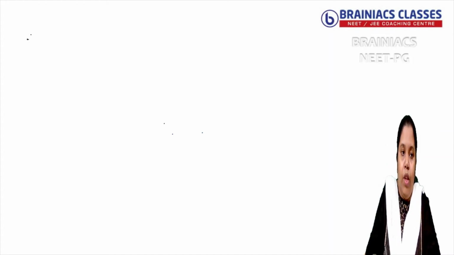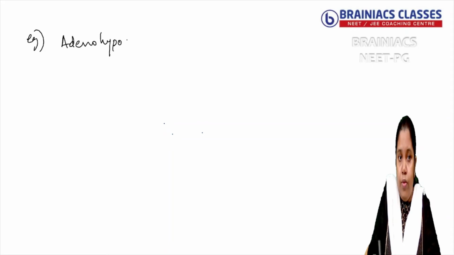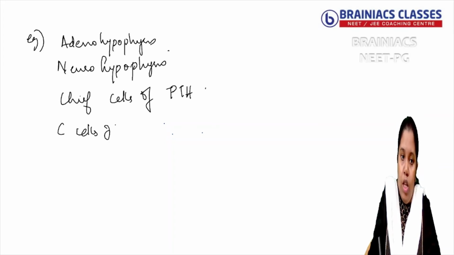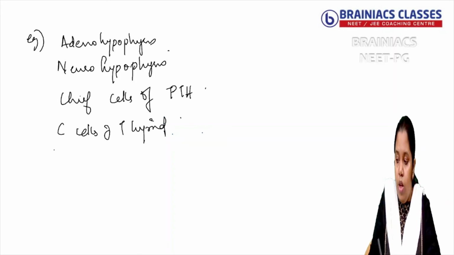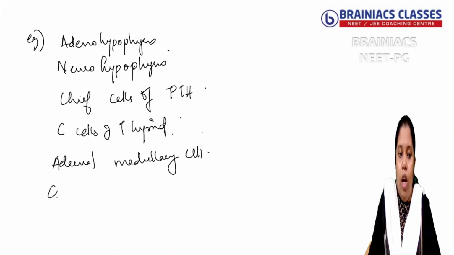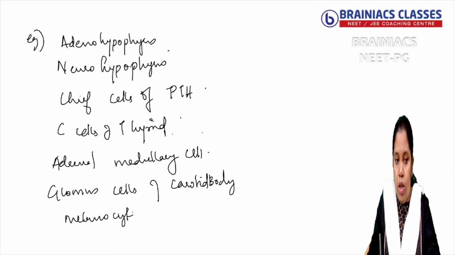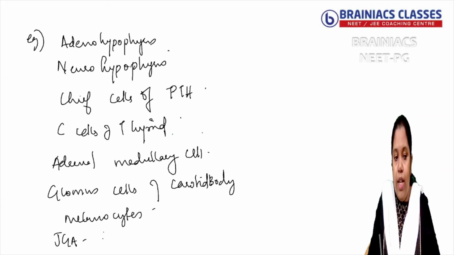Examples include the adenohypophysis and neurohypophysis of the pituitary, the chief cells of the parathyroid, the C cells of the thyroid, the adrenal medullary cells, glomus cells in the carotid body, melanocytes, and the juxtaglomerular apparatus cells in the kidney which secrete renin.